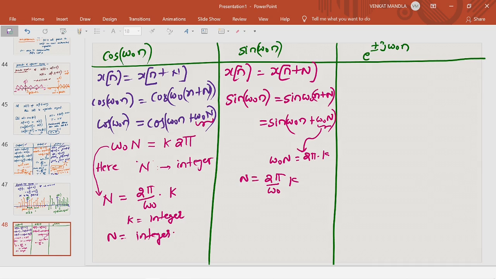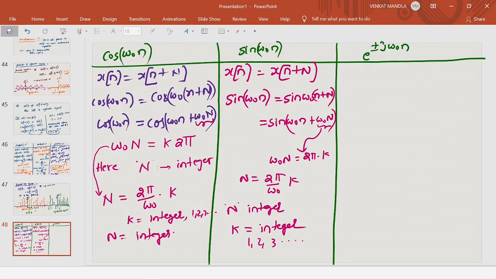Here we must have N an integer, and k is anyway an integer multiple. So k should be an integer 1, 2, 3 and so on.